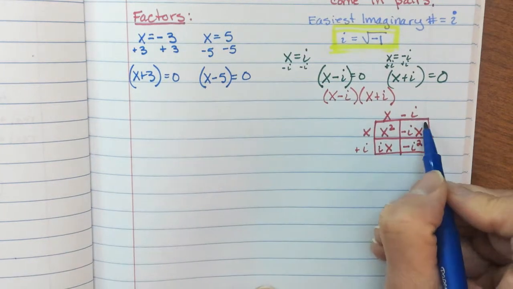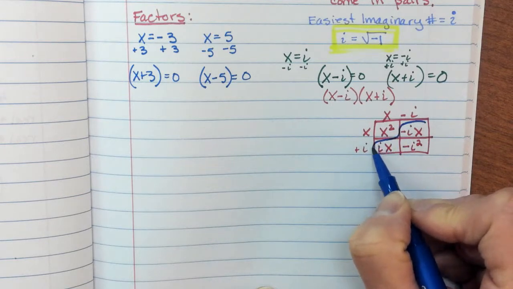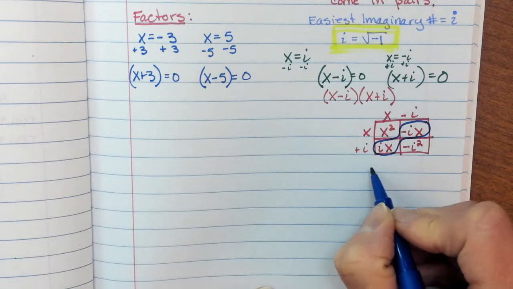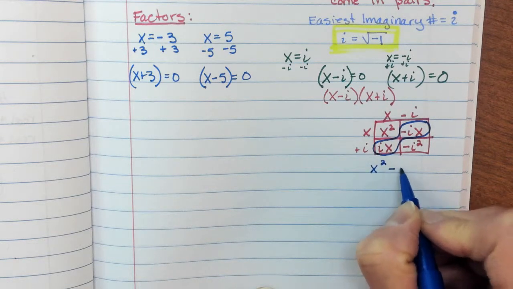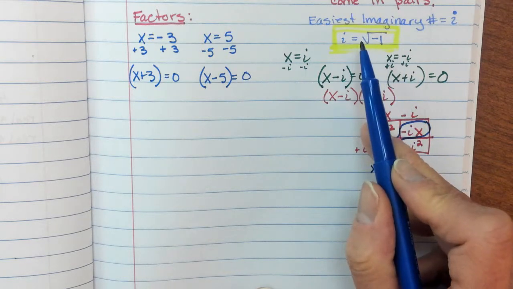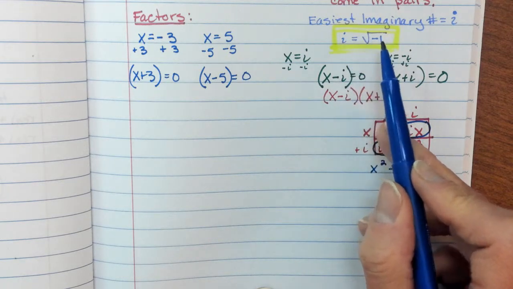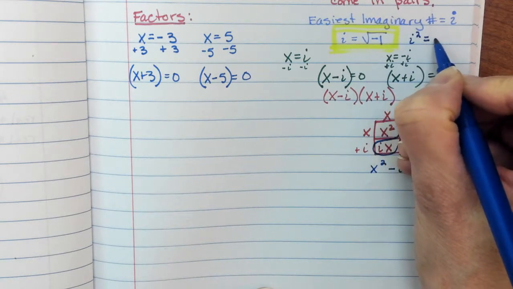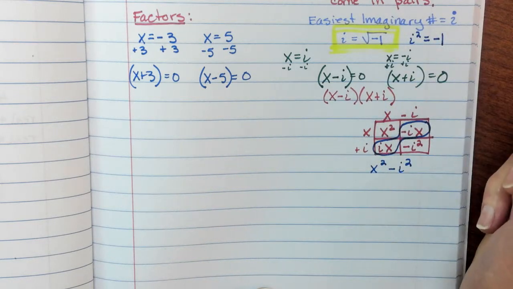On the diagonal those zero out, so I'm left with x squared minus i squared. But remember that if i is the square root of negative 1, then i squared is negative 1 by definition.